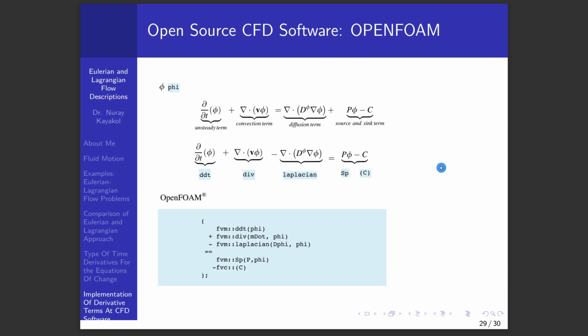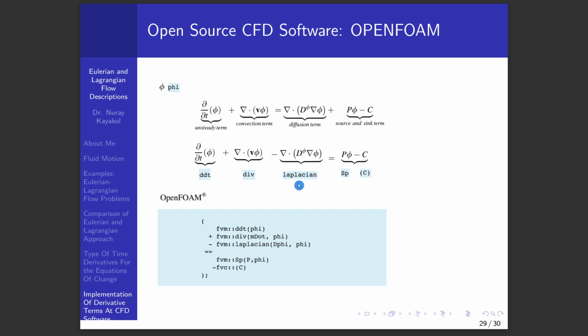In open form, the unsteady term is expressed as ddt, del over del t. That's the short way of saying the unsteady term. Div is for the convection term. Div is actually divergence, coming from the nabla operator.